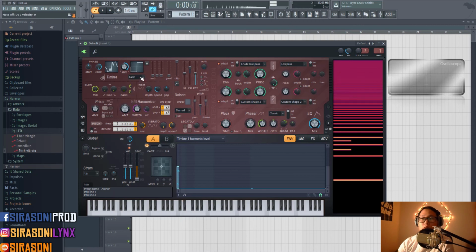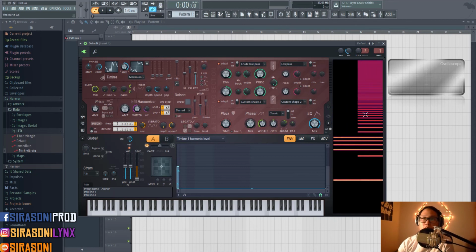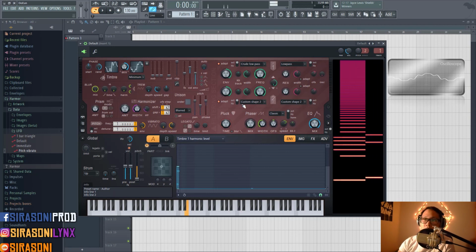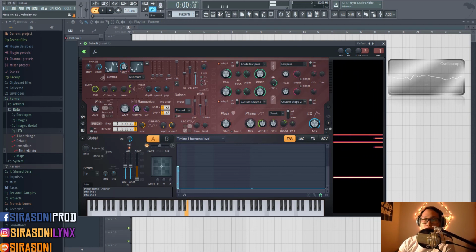First is a fade, which will normally play a square. So they're playing together, okay? The maximum of the two things together. Minimum is the minimum of the two things together. So basically they're taking whichever has the fewest harmonics. Number 1 has only this many harmonics, right?